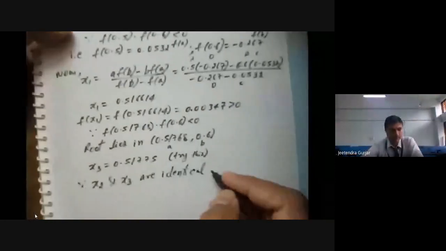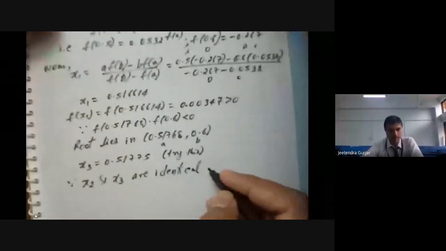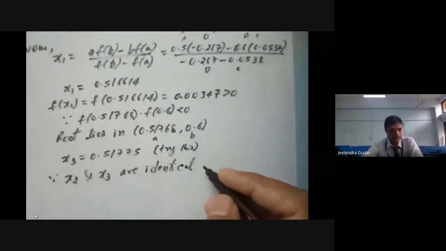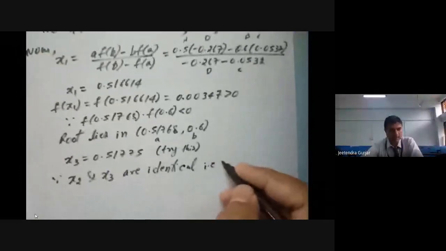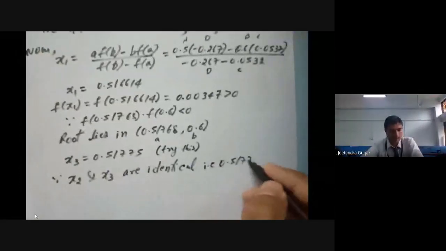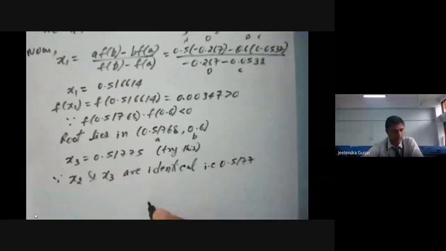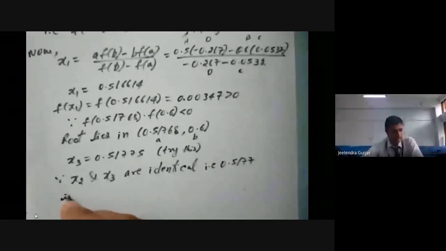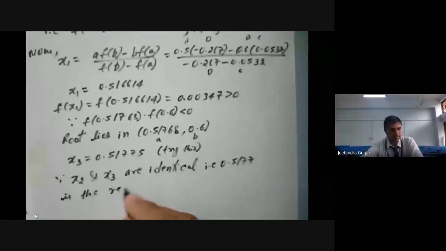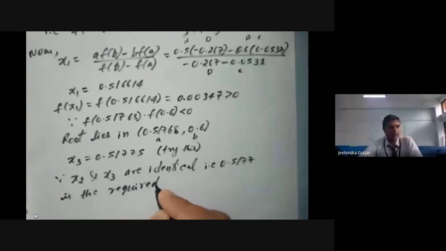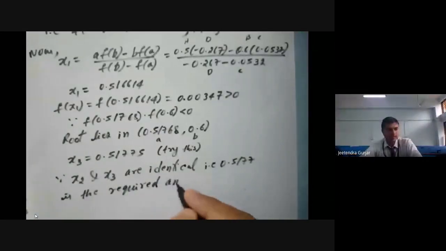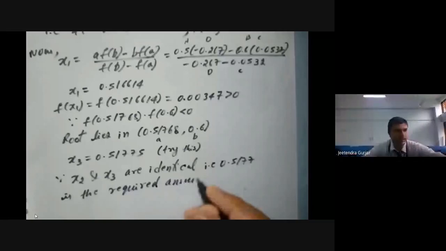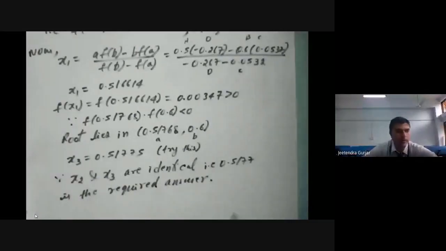You can go through radian also, no problem. Srinivas, it is identical. So I am going to write the direct answer, that is 0.5177. It is the required answer. But I have written it directly here, you have to calculate as I have done for the above equation.